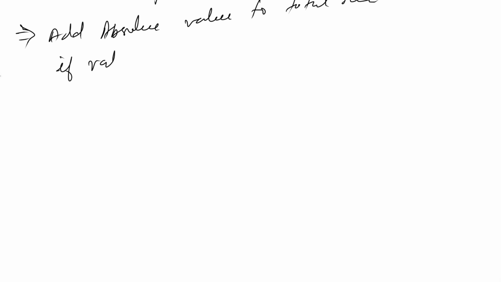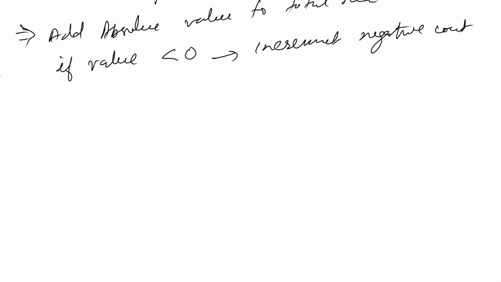If the value is less than 0, we will increment the negative count, and we will track the min absolute value.